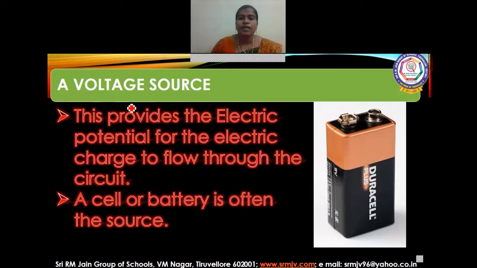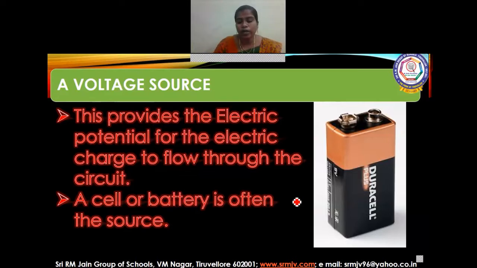In the same way, a cell or a battery is used to provide the potential difference in order to allow the charge to flow from one terminal to the other terminal. It may be a cell or battery, or even a power plant, which provides the potential difference so that all the electrical appliances can use the electrical energy.